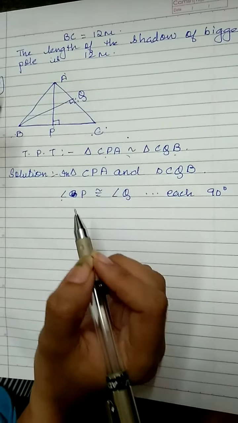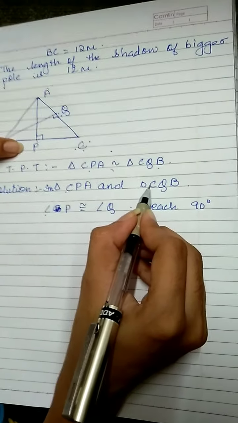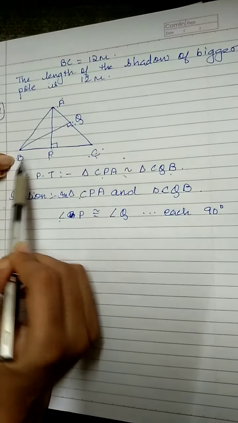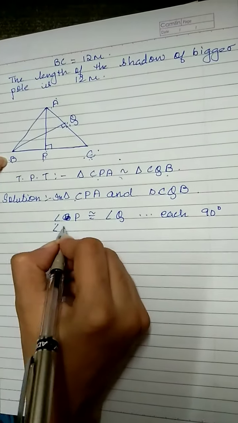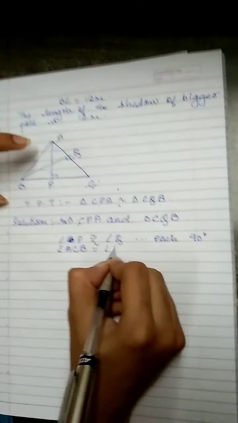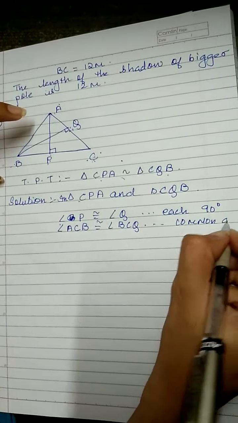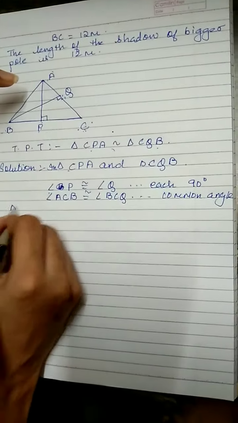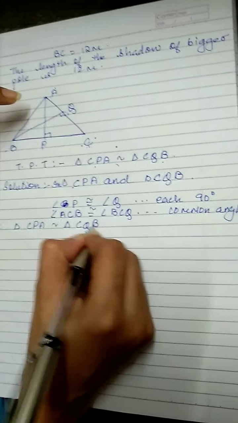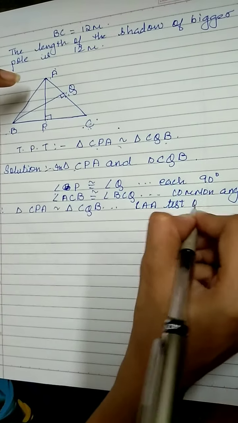Next, angle C is congruent to angle C, that is angle ACP is congruent to angle BCQ, common angle. Therefore the triangles are similar by AA test of similarity.